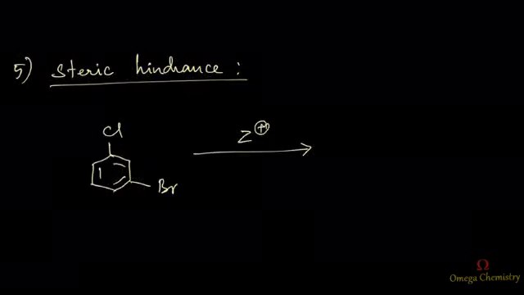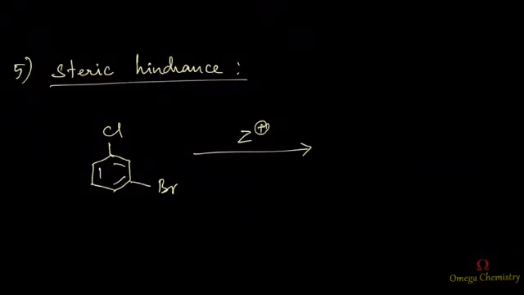Steric hindrance will also play an important role in deciding the orientation of the third substituent in the benzene ring. When two groups occupy meta positions with respect to each other, there is no substitution between these two groups. That is, this position is less preferable, right? This position is less preferable because of steric hindrance. So in this example, chlorine and bromine I have, both are ortho-para directing.